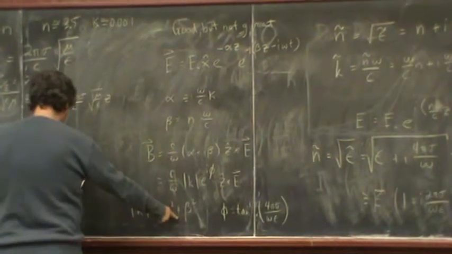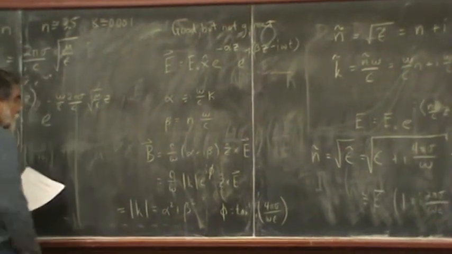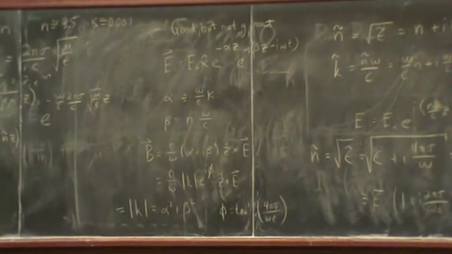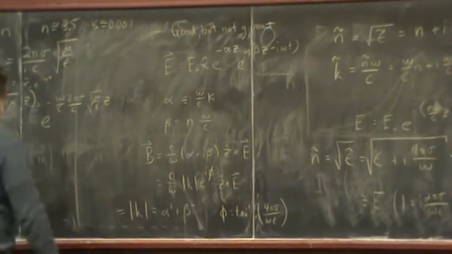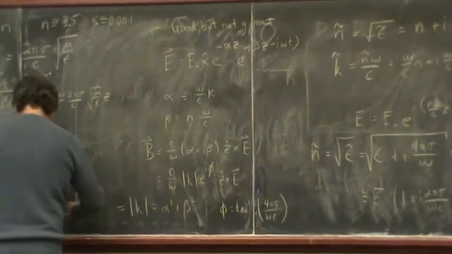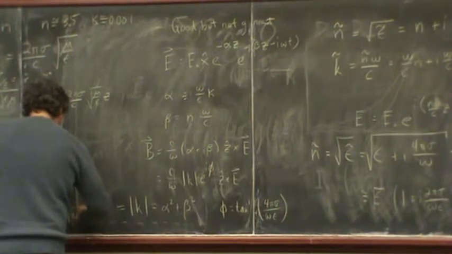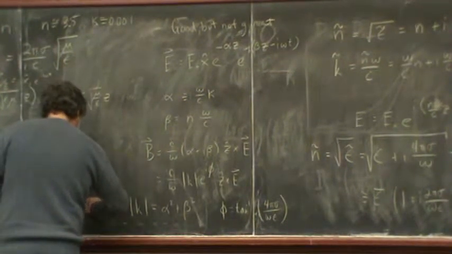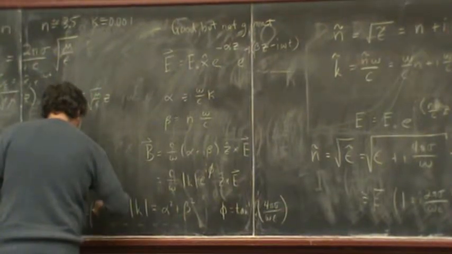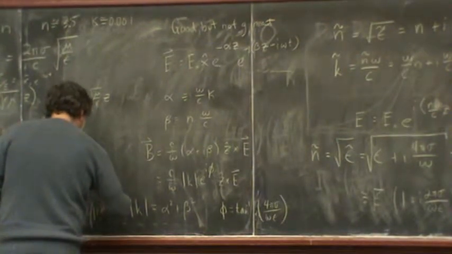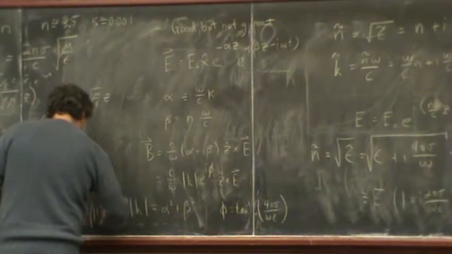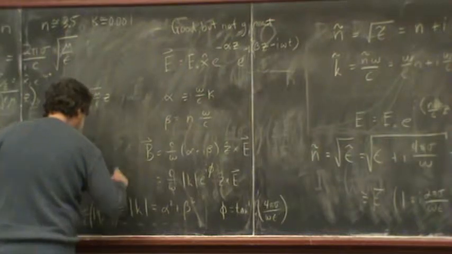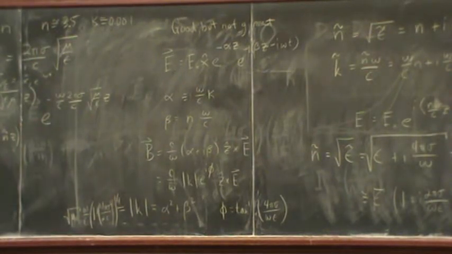I will write this out in terms of conductivity and dielectric functions and frequency. This K is equal to square root of mu epsilon omega over c times 1 plus 4 pi sigma over omega epsilon. I have posted these already. 4 pi sigma over omega epsilon squared added to 1 to the 1/4 power.